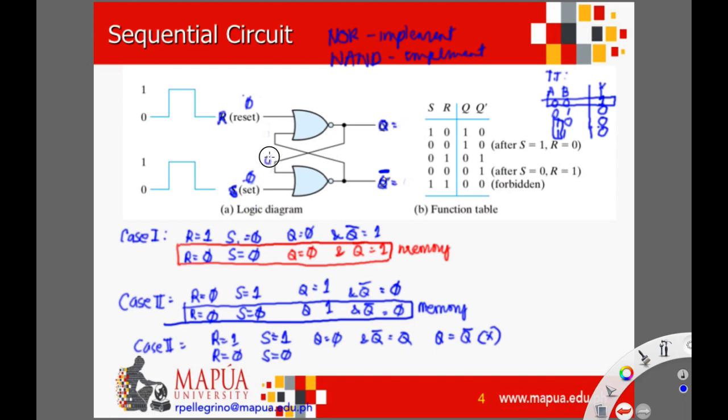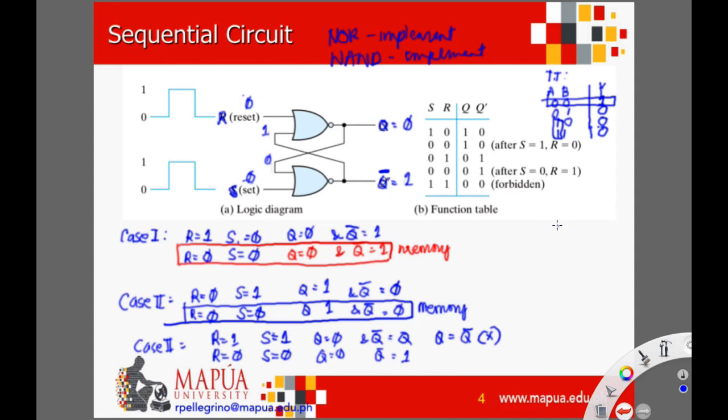So 0 or 0 will become 1, and 0 and 1 will become 0. So as you can see, Q is equal to 0 and Q bar is equal to 1, which is basically the same as before. So it serves as a memory.